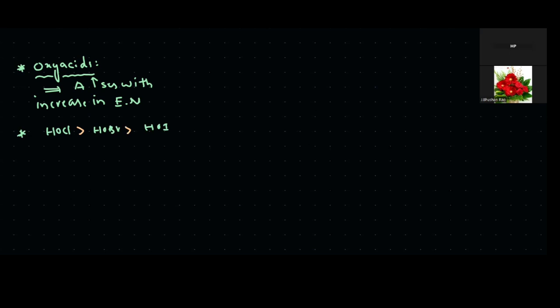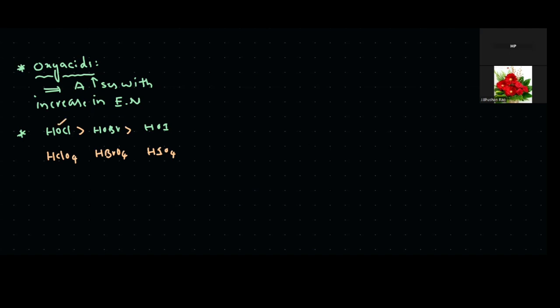The next, in another condition, if you observe, HClO4, likewise with bromine HBrO4, and HIO4. Name of these compounds: in the above case it is called hypochlorous acid, hypobromous acid, hypoiodous acid.